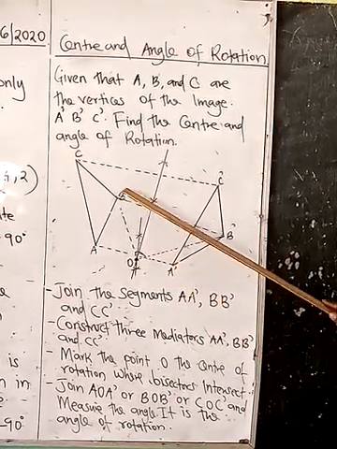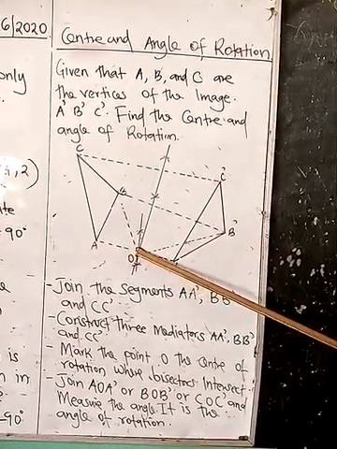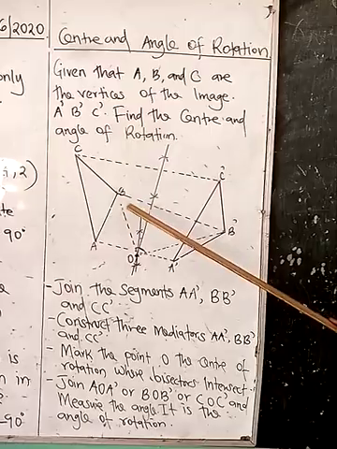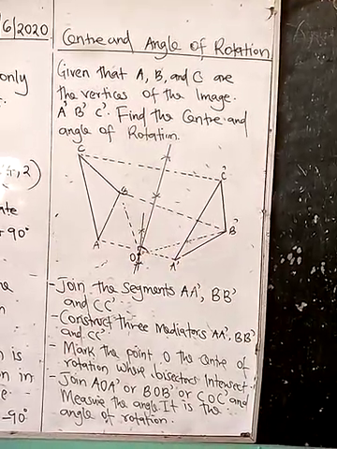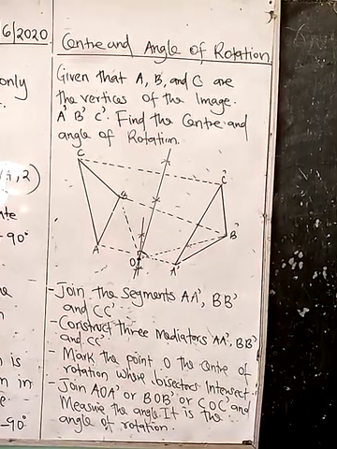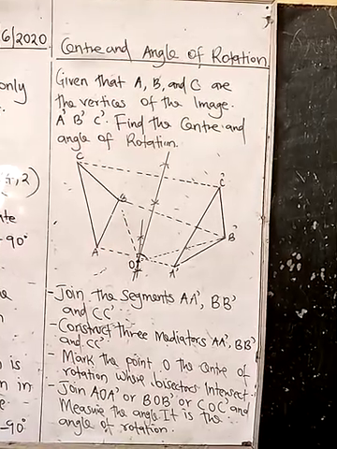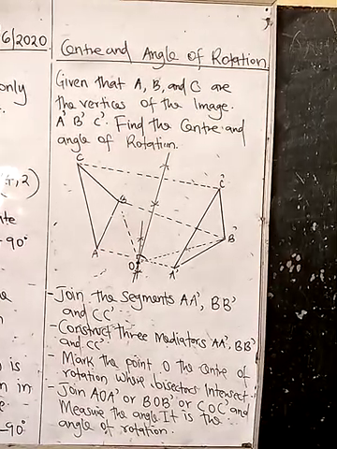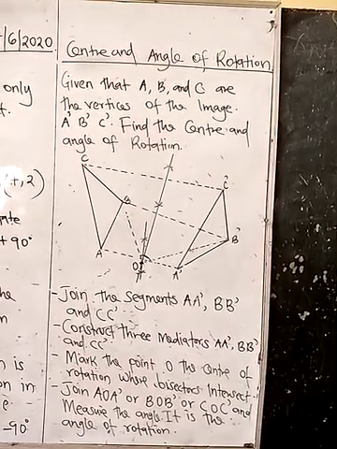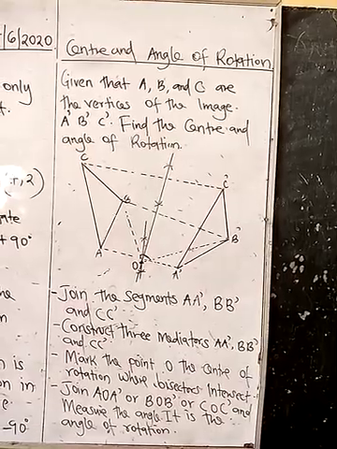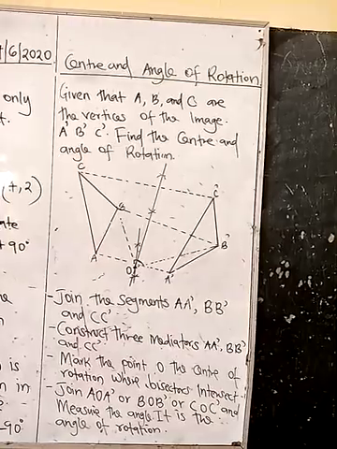Then we measure the angle between B and B prime through the center of rotation. That angle is going to give us the angle of rotation. So that is how we are going to find the angle and center of rotation.